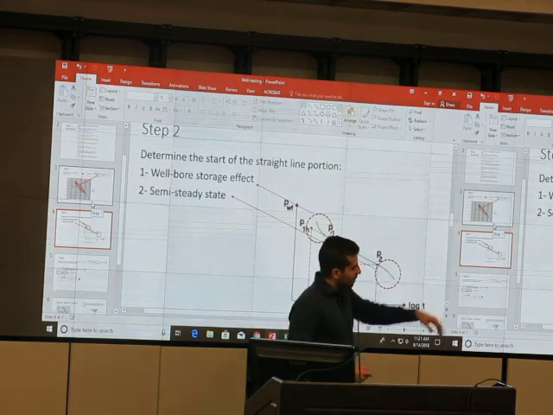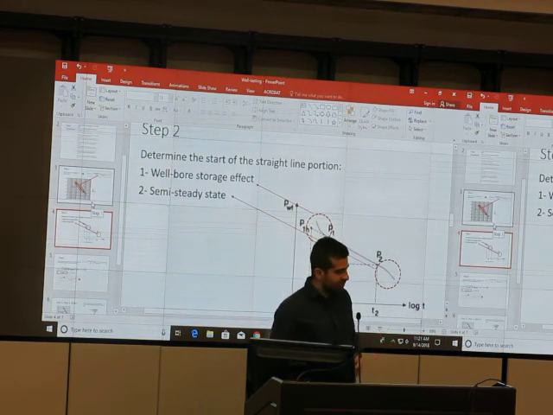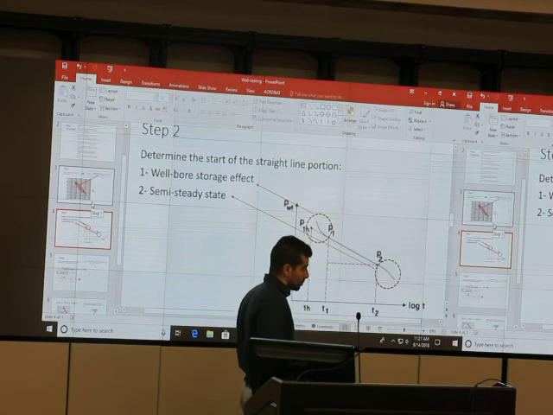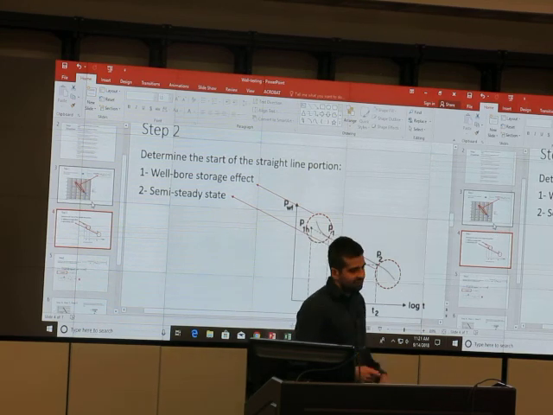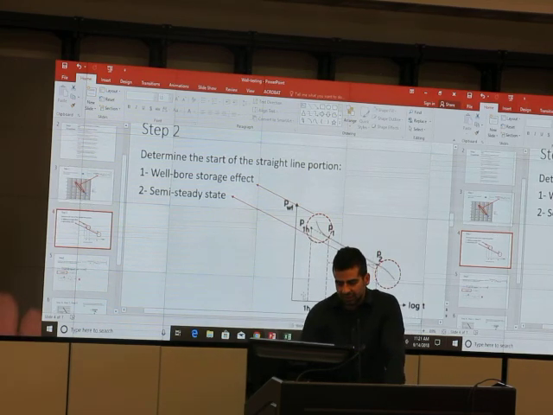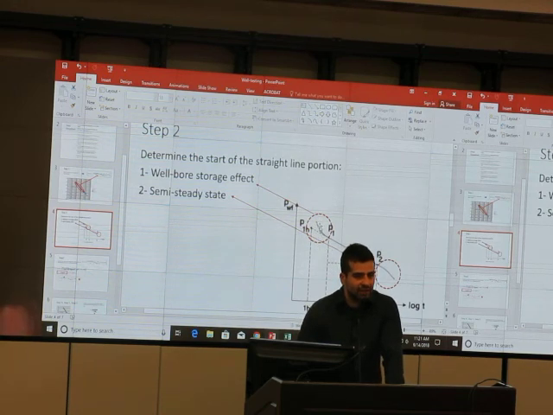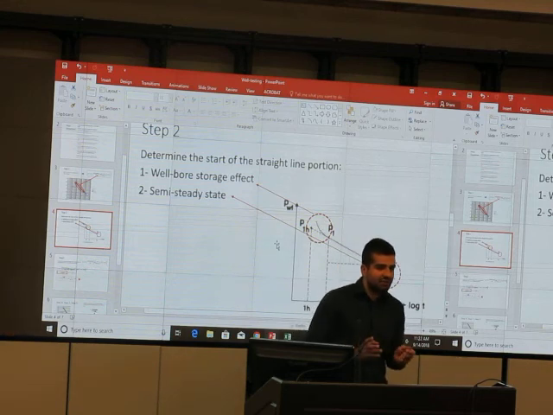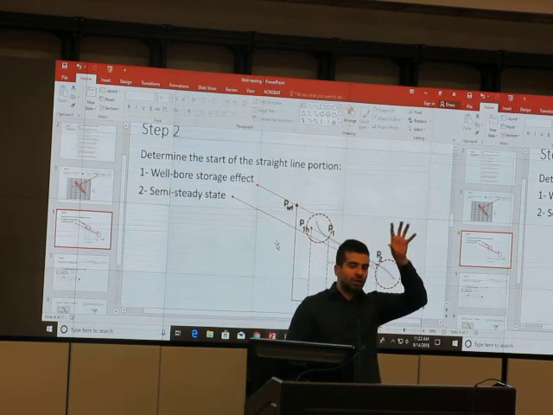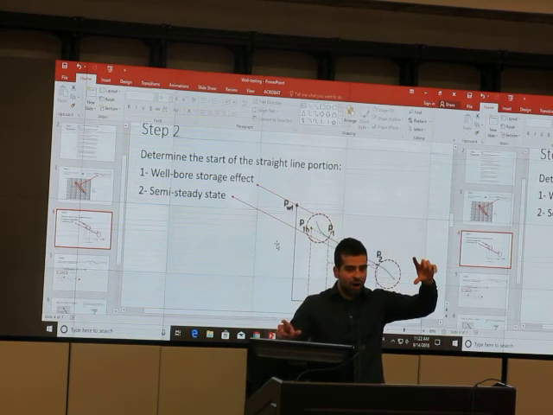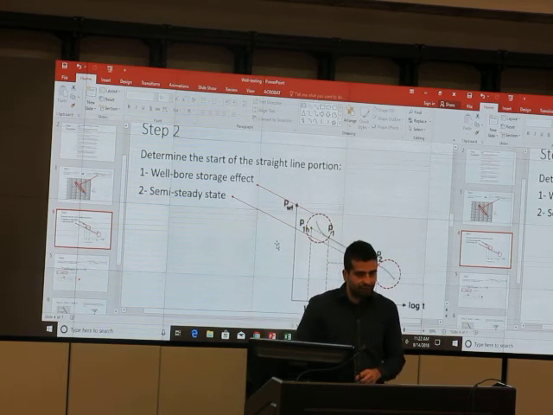So if you're talking about time after your unsteady state, of course you're going to have this downturn. And what is the other? It's wellbore storage. So don't be surprised when in the exam you see data, some on the top and some on the bottom, that are not within the straight line.